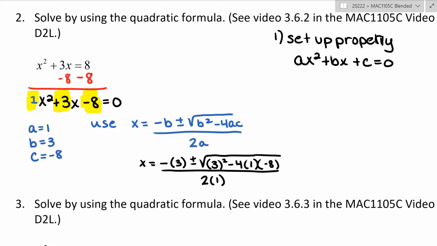Now, if I was standing in front of you right now, I would say, what part looks the hardest? And most of the time, everybody says this part. Like, there's a lot going on under that square root. Like, there's a lot of math.